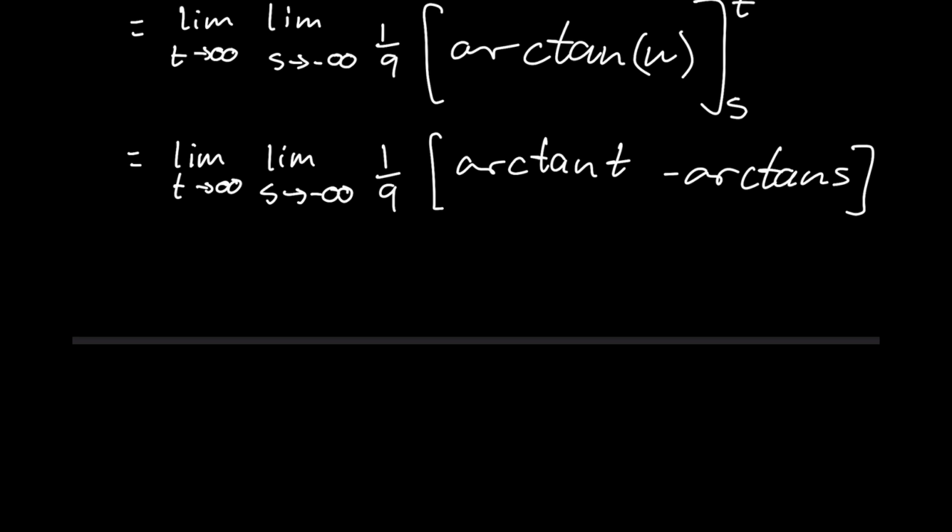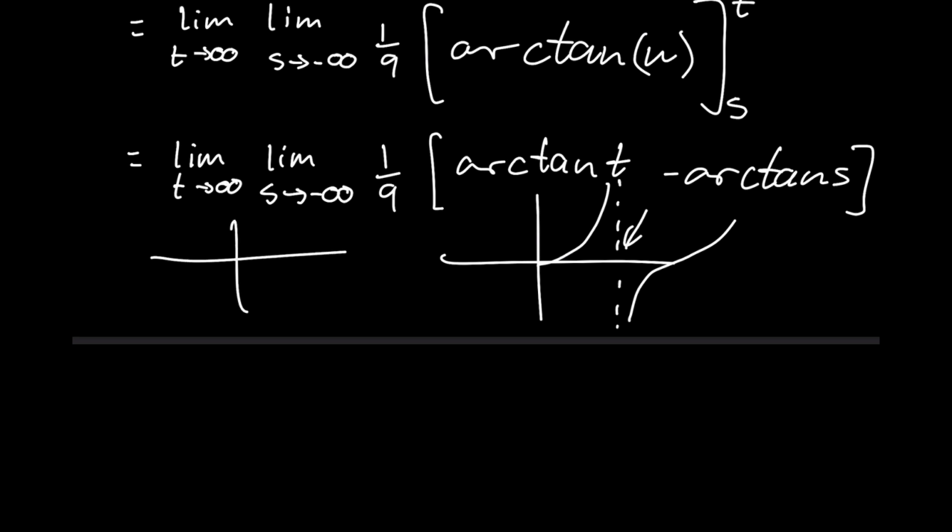Because if you think about it, as x approaches pi over 2 in the graph of tan of x, y approaches infinity, because tan of x looks like that and has an asymptote at pi by 2. And since arctan is the inverse of the tan function, our arctan looks like this. So as x approaches infinity in our tan function, y approaches pi by 2.